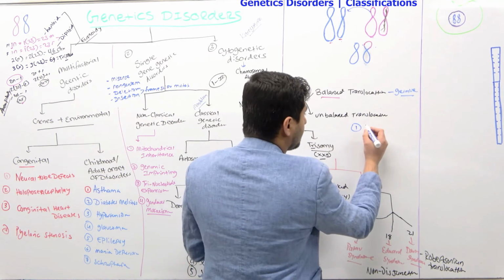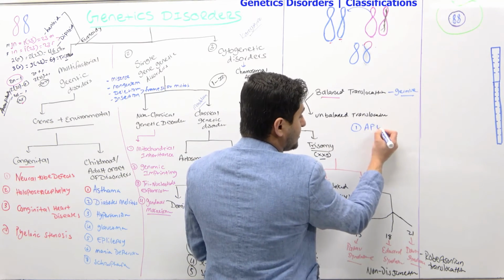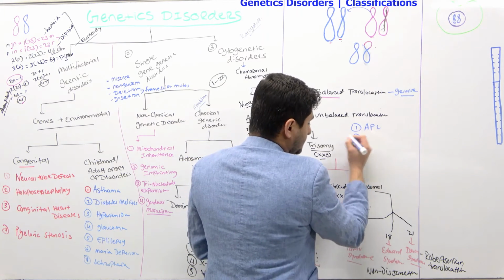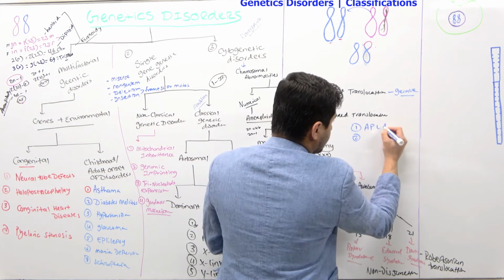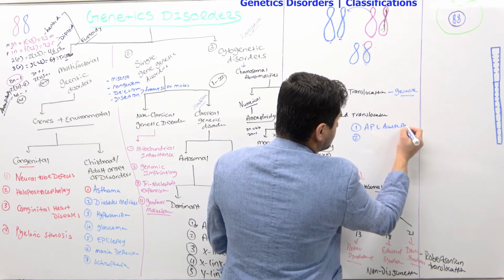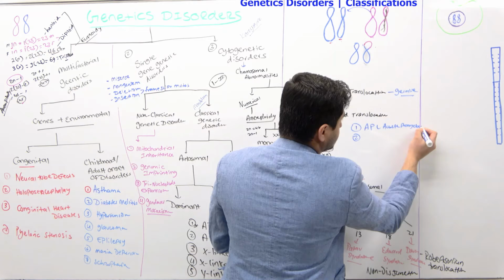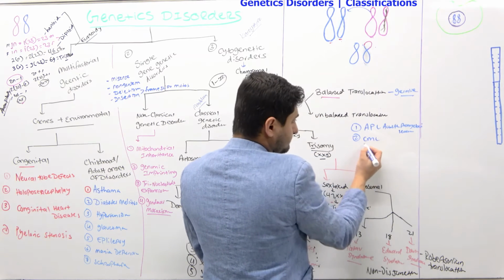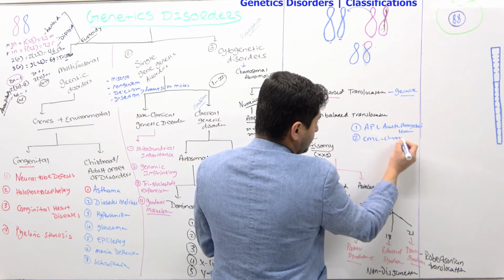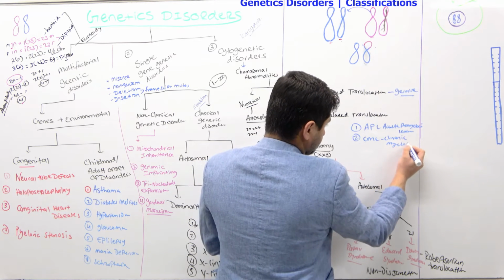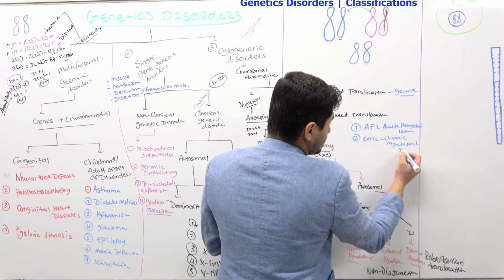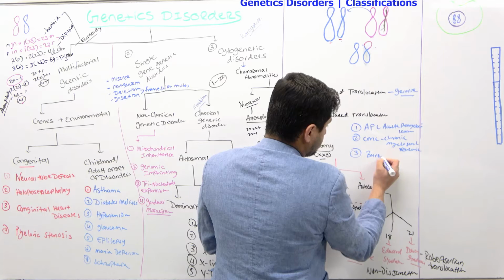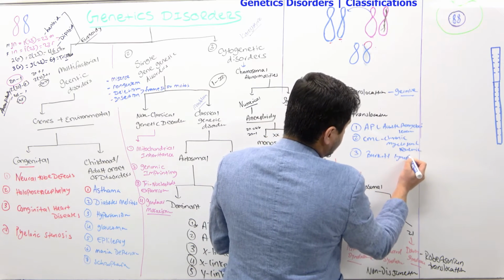Have you heard about something called acute promyelocytic leukemia? Let me write down acute promyelocytic leukemia, CML, chronic myelogenous leukemia, and also Burkitt lymphoma.